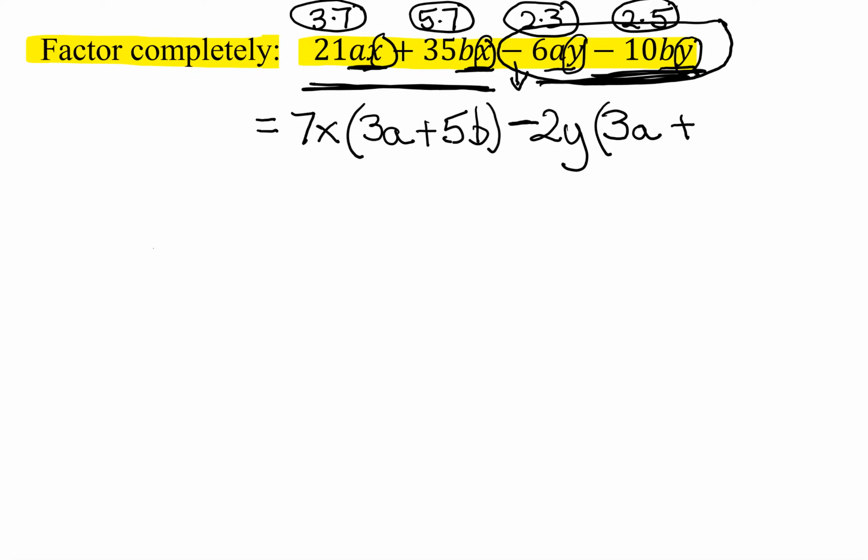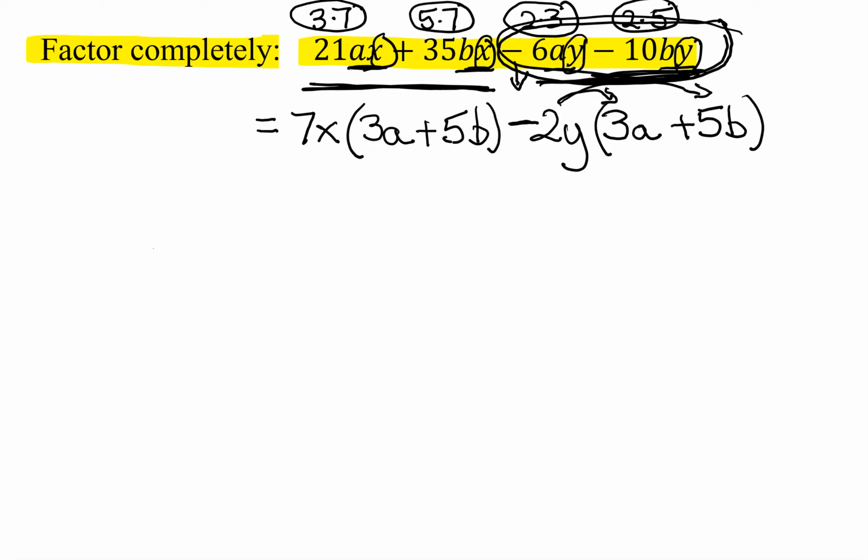So factor a 2 out of a 10, it's going to leave me with 5. Factor a y out of a by, it's going to leave me with 5b. Just to make sure you got that part right, kind of mentally distribute that negative 2y back into these parentheses to make sure you get your original expression.